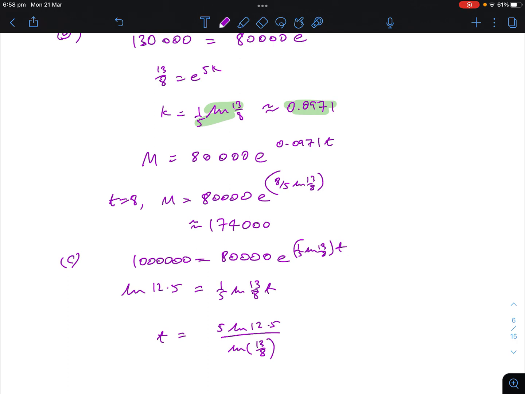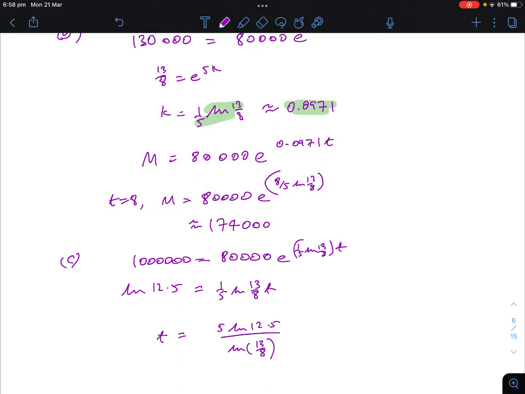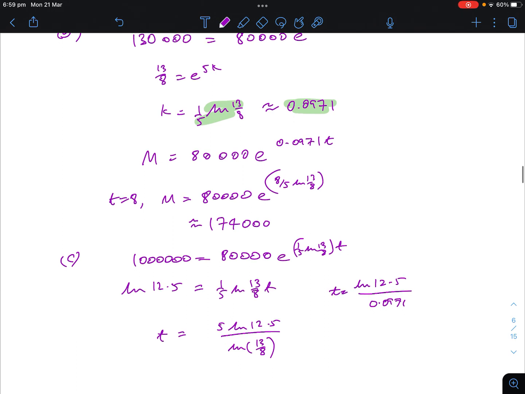Or if you've got your k already in there, which was 0.0971, you're basically doing the log of 12.5 over 0.0971. Now, rather than typing in 0.0971, you should actually use that approximation.